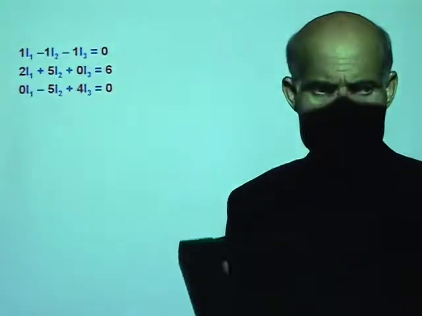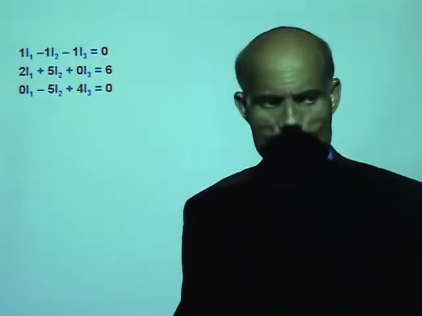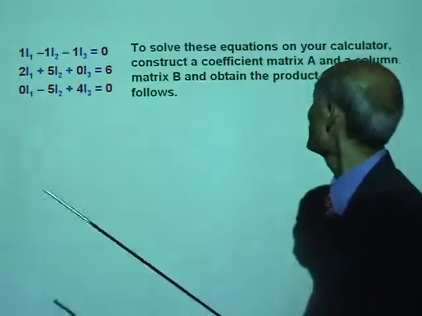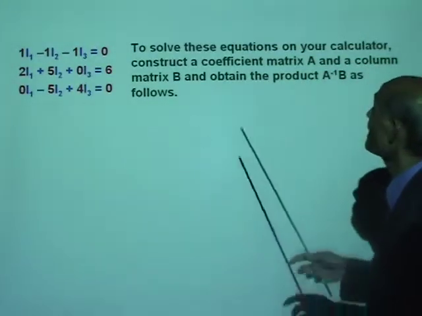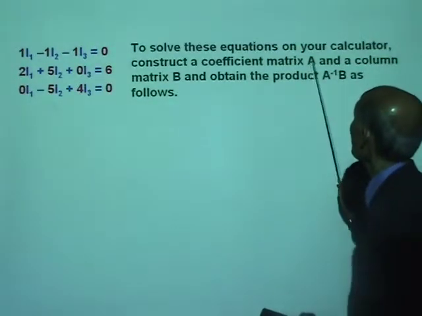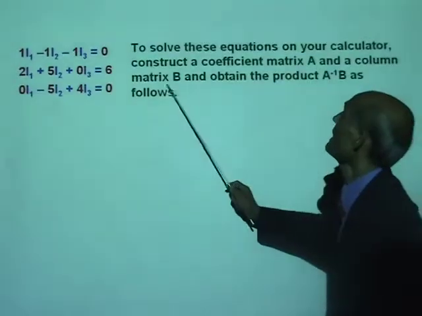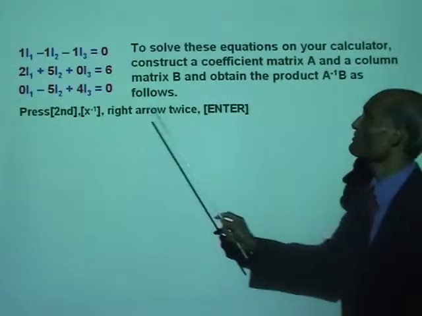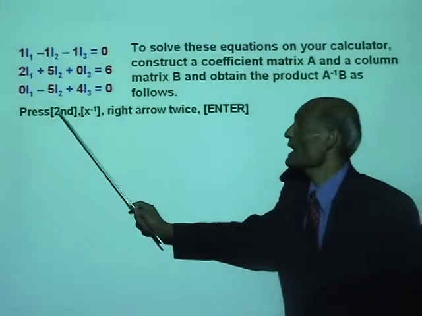Alright, let me take it away and let's continue. To solve these equations on your calculator, we construct a coefficient matrix A and a matrix B, which is a column matrix, as follows. I've given you the steps there.